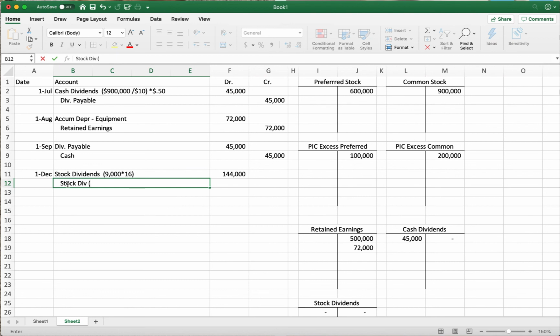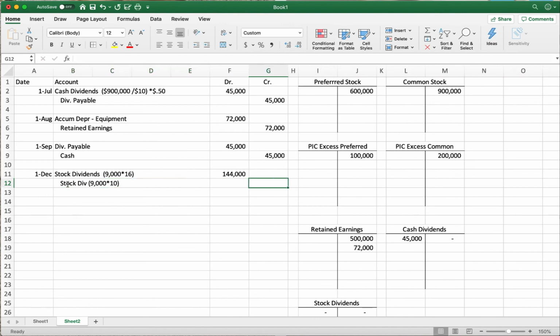Well, that's easy. I know I have 9,000 shares. At what price? It's going to be the $10 per share, the par value. So that gives me $90,000.